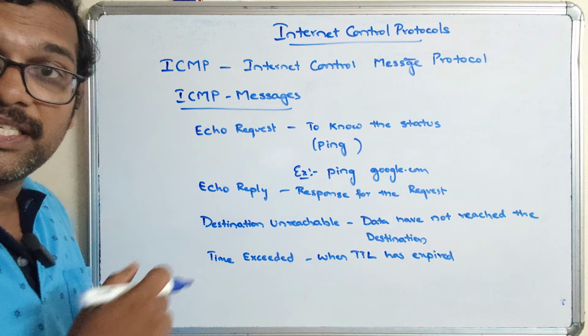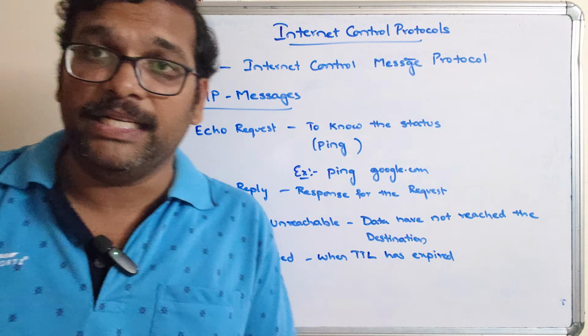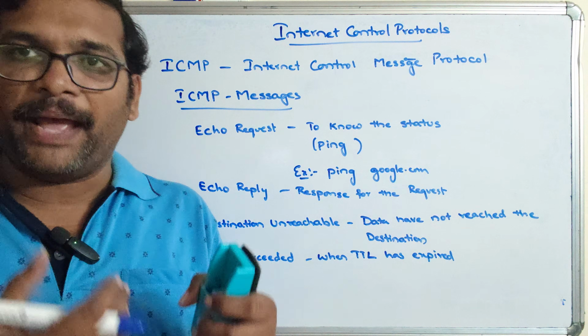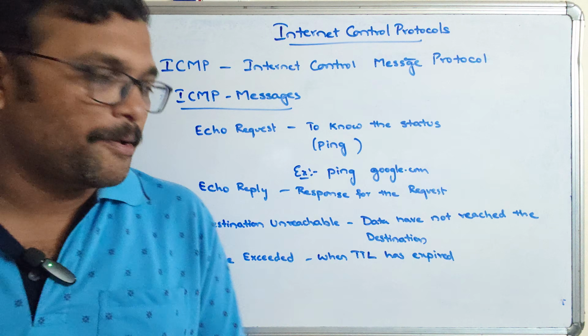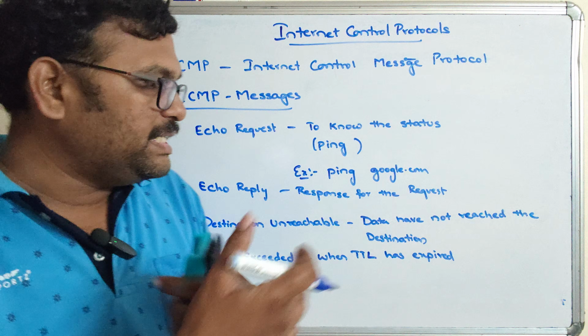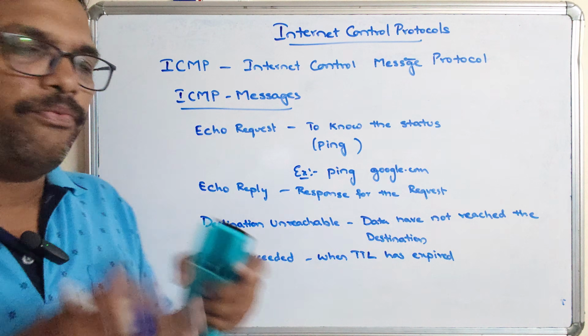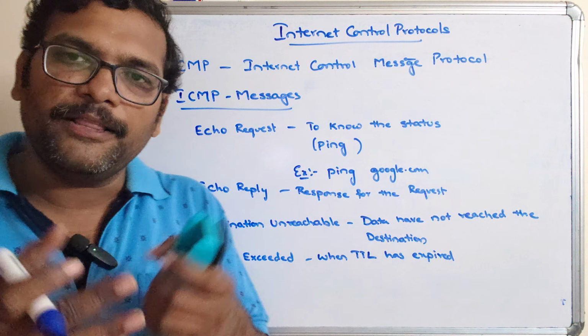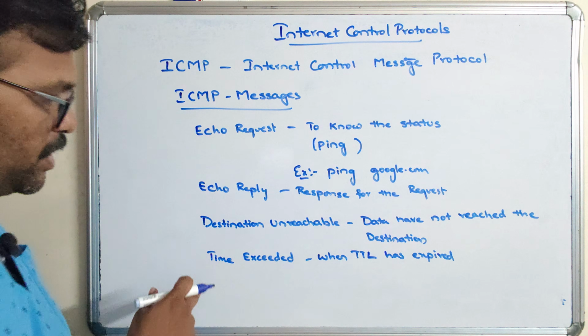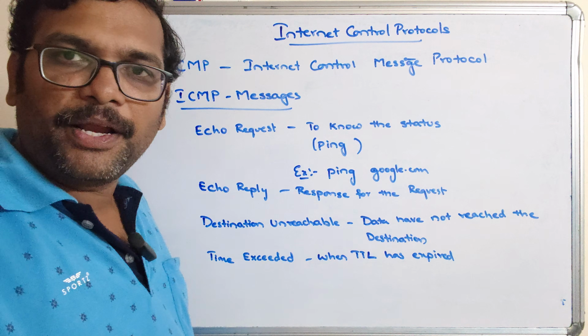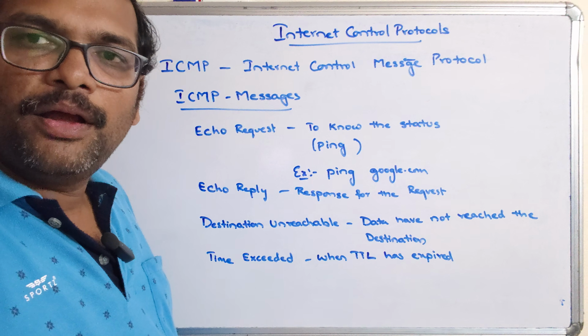We have studied this time to live: it defines how far a packet should be transmitted or routed in the network. Before reaching the destination, if the TTL of any packet has expired, then the packet will not be moved forward. In that situation, this message will be applied.